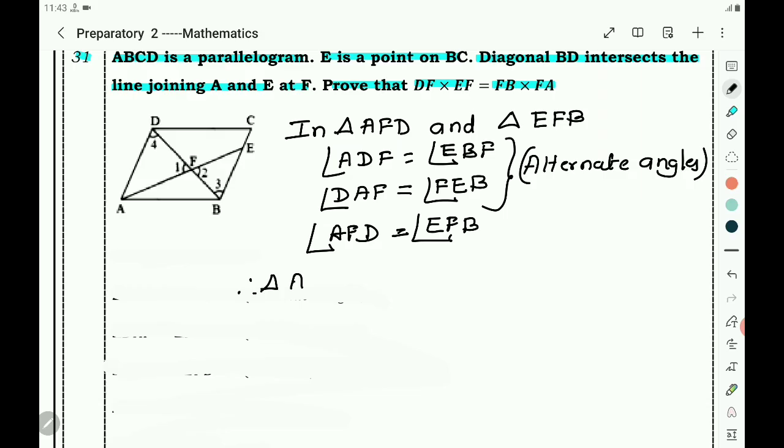Triangle AFD similar to triangle EFB according to AAA similarity criterion.